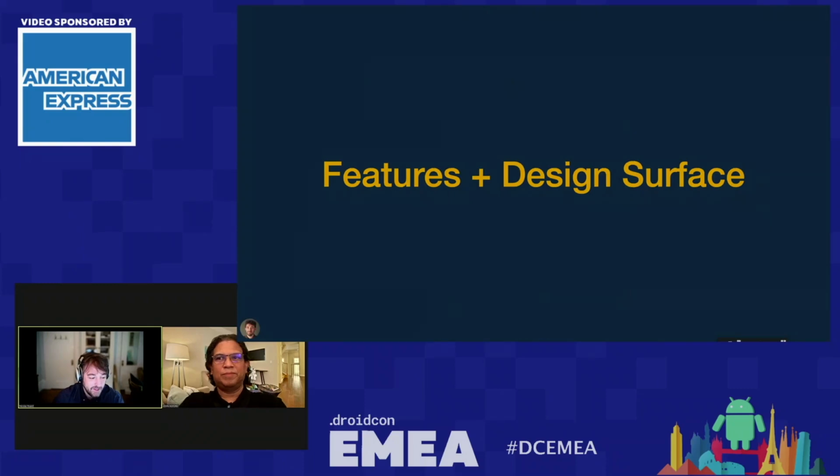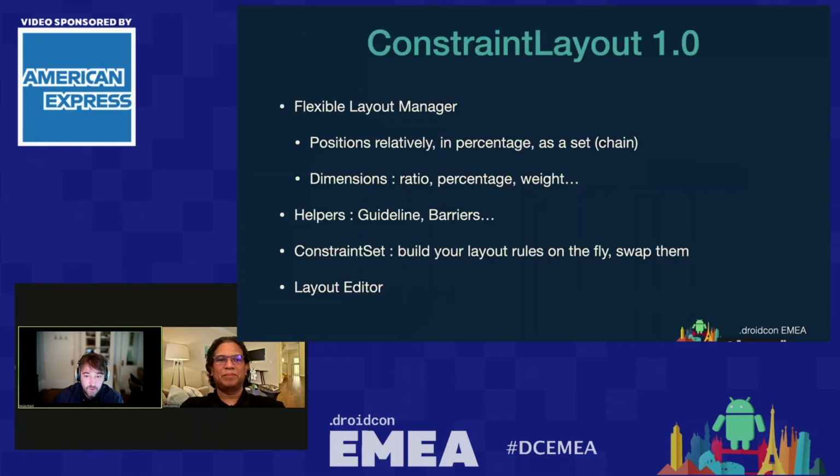Okay, so let's talk about ConstraintLayout. A couple of features that you should know if you have been using ConstraintLayout 1.0. So basically, it's a very flexible layout manager that allows you to position elements relatively, control the dimensions, and we have those concepts about helper objects so that you can create your layout, positioning them not only with those rules, but using those additional helper objects.